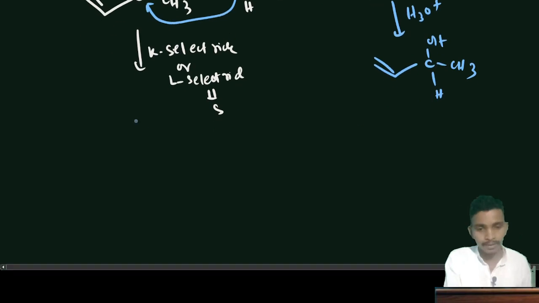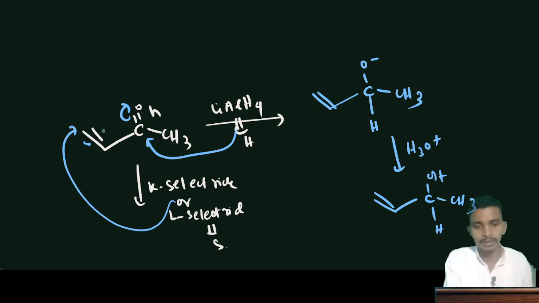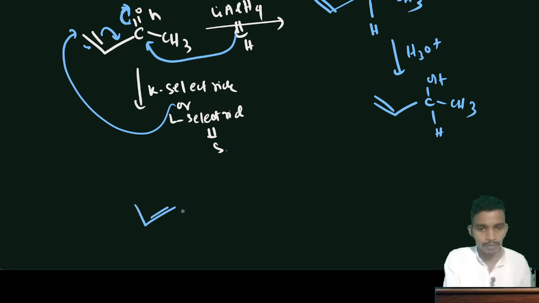Now the same thing here: if you attack here, this is soft, so it attacks the soft. This will attack here, then this will shift here, and this will shift here. It means it will become like this, a bond will come here, and this is O minus and CH3.